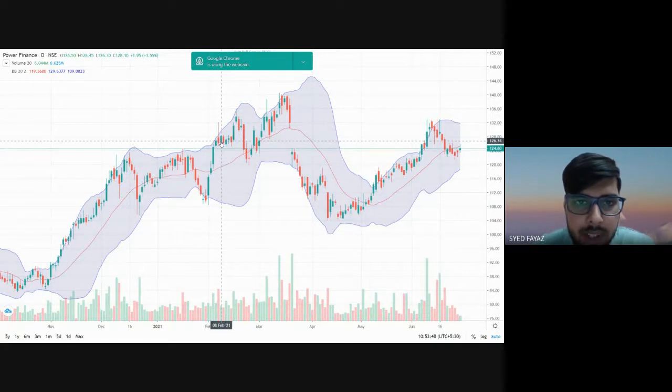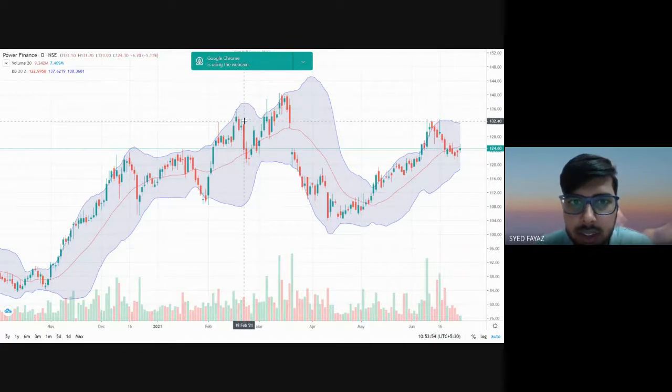So if the trader would have waited over here based on the candlestick pattern, then he could have exited around 133 rupees. And after this inverted hammer, there is again a bearish engulfing pattern, because of which the stock price has come down. And again, there is a doji.